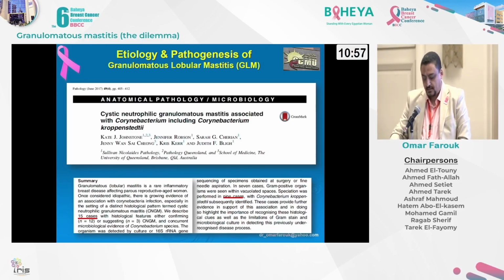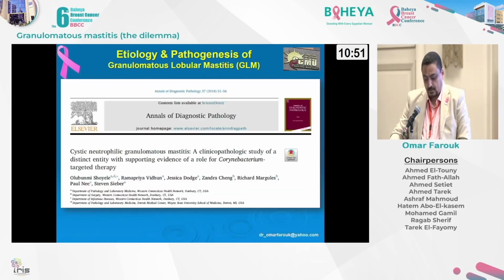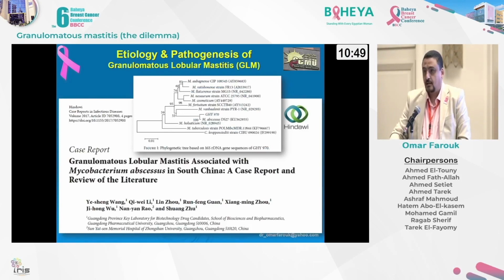Many articles and reports coming from many countries, from Australia, from Europe, from USA, and from China describe the role of Corynebacterium species in the pathogenesis of this disease, and most of these organisms occur in the gap between the Corynebacterium and the Mycobacterium TB.